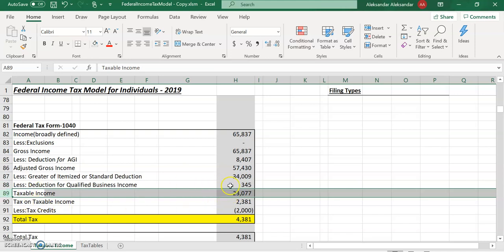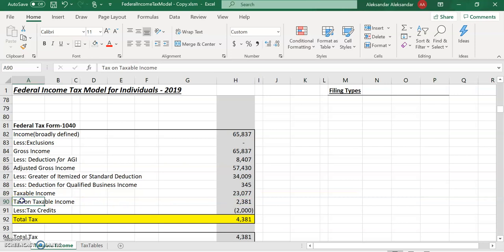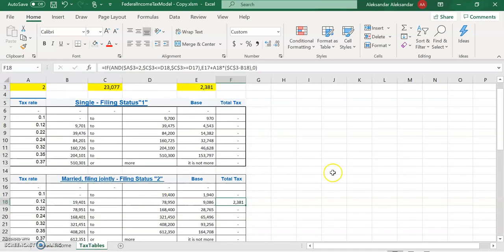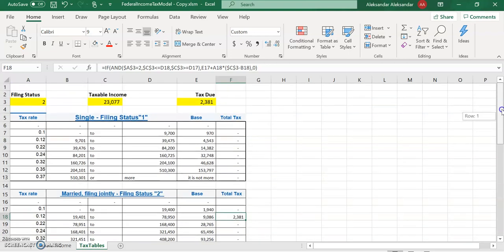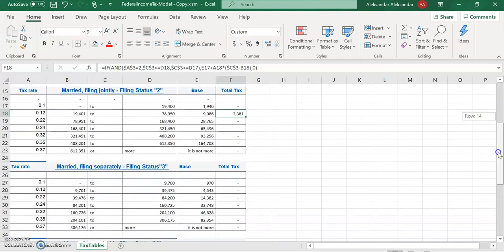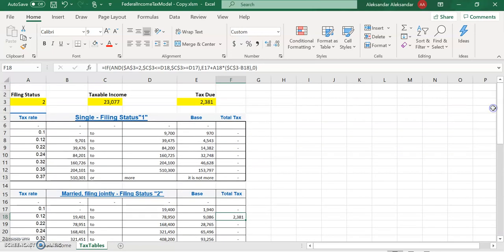Now, to determine the tax on taxable income, you will need this tax table. I have it implemented in the model just because I'm going to use it every year, but I took them from the IRS website, and you can see in which table you fall in. If you're married filing jointly, you just see in which tax bracket you fall in, and you can calculate the amount.